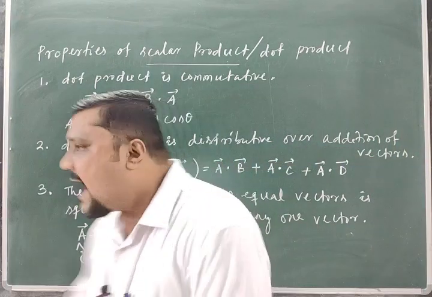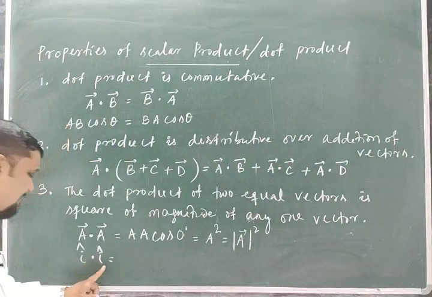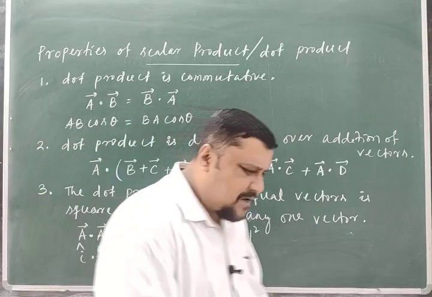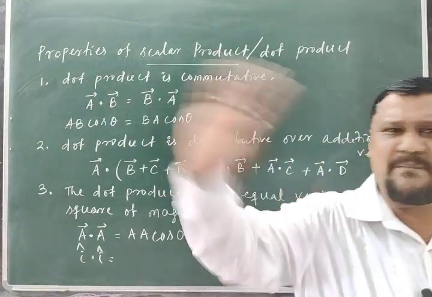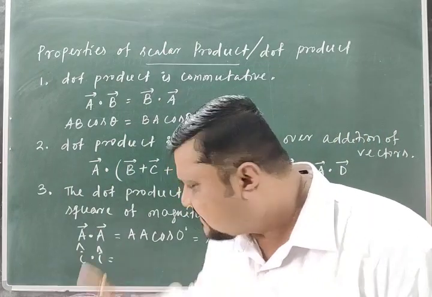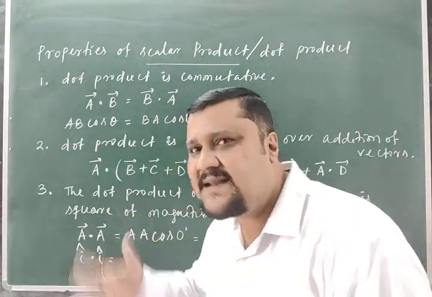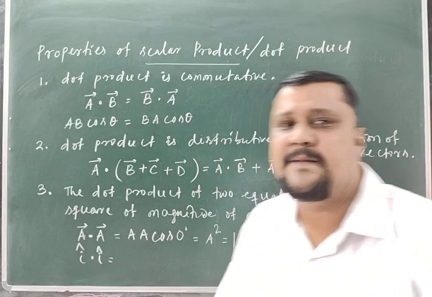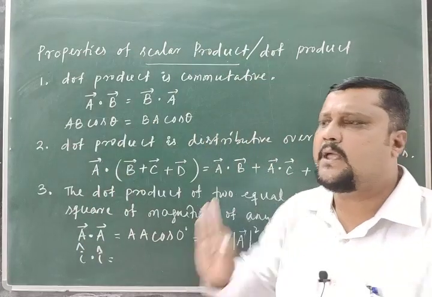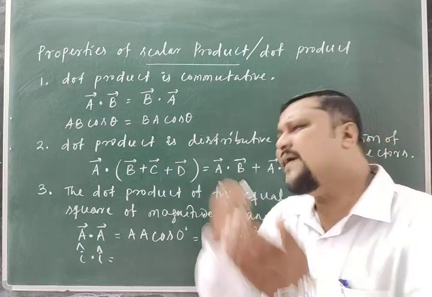Now i cap dot i cap. Do the same procedure. Don't make anything more complicated. I want to make everything simpler, so that it is very interesting. So i cap is a unit vector along x-axis.